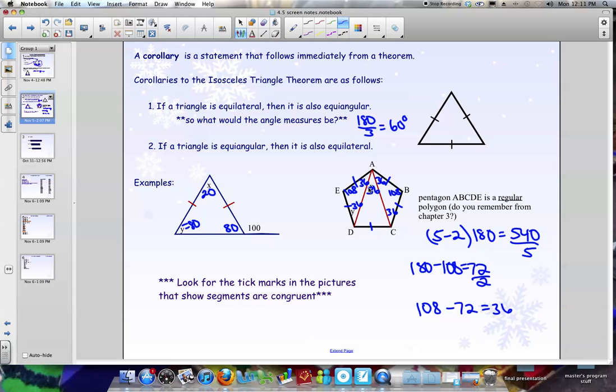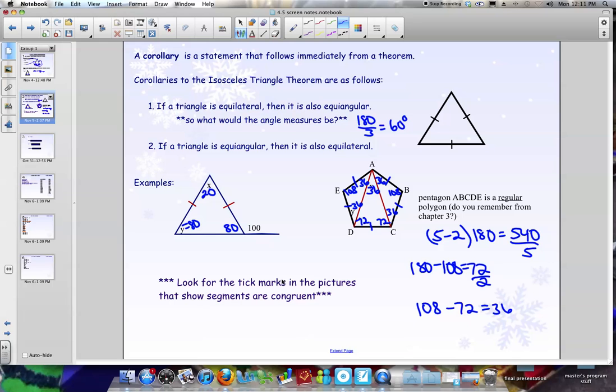So x has to be 36, and then I can figure out what the other ones are based on that, because this is an isosceles triangle, so 180 minus 36 and divide it by 2, or because these 2 angles have to add up to 108 because that's the interior angle, I would take 108 minus 36 and I would get 72 here and 72 here.